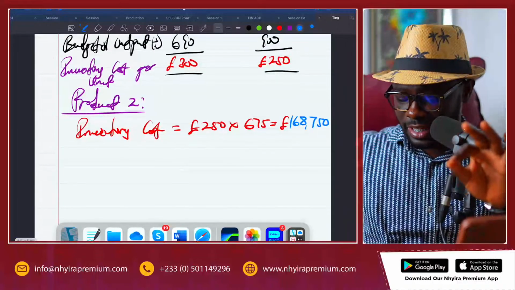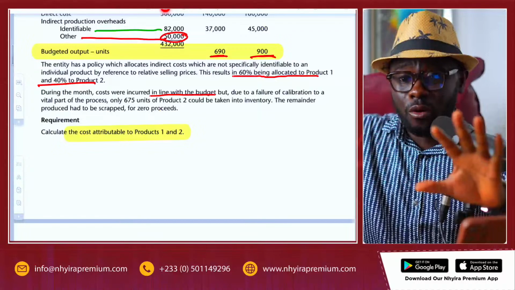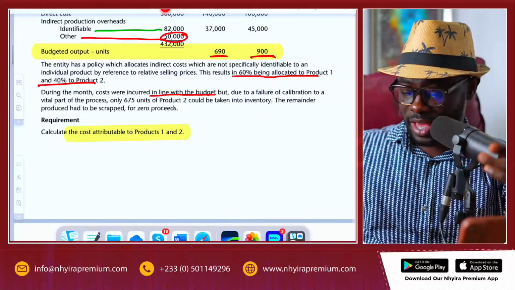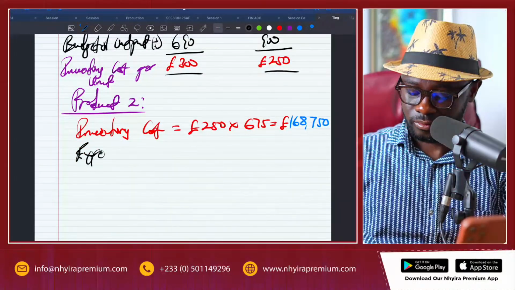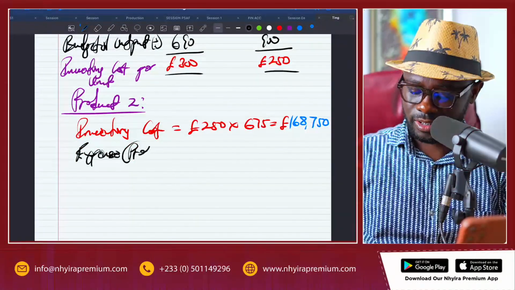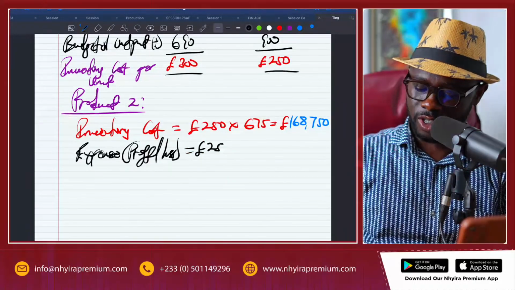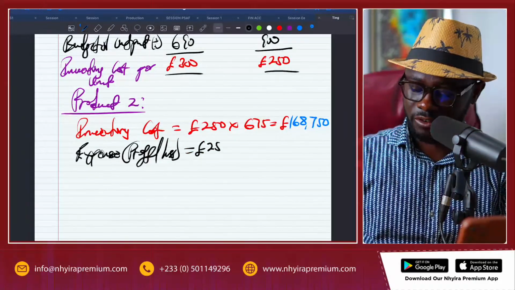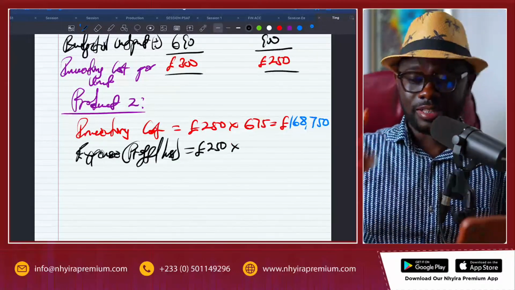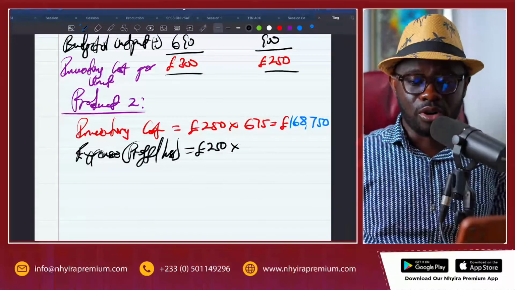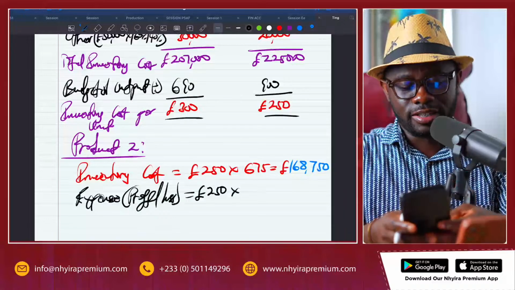Now, they said the remainder was scrapped for zero proceeds. It means that will be expense in the P&L account. So expense in profit or loss is going to be 250 because the cost of the inventory is still 250 times now. Product 2, we're supposed to get 900, but we got only 675.